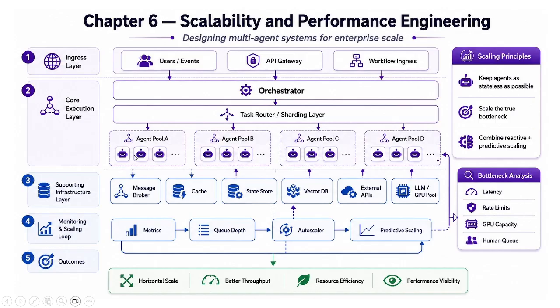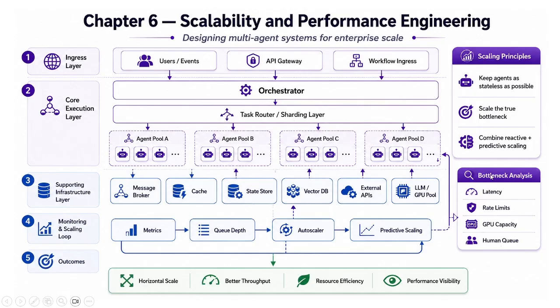So, scaling principles, a three-point key takeaway. Number one, keep agents as stateless as possible, so you can implement horizontal scaling, which we said is particularly good for enterprise use cases. Number two, scale the true bottleneck. Don't go and scale the wrong bottleneck. Don't increase latency where you should increase the rate limit.